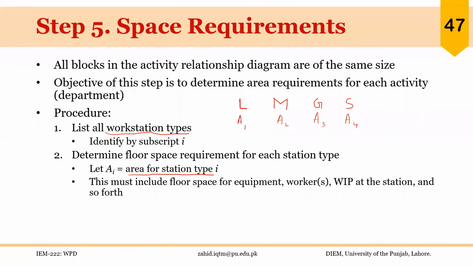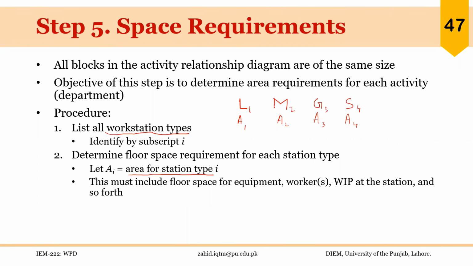Each workstation will require a certain area, that is Ai. So workstation type 1 will require a certain area A1, workstation type 2 will require a certain area A2, and so on. This is step number 2. This is the covered area, the floor area that the workstation will require.